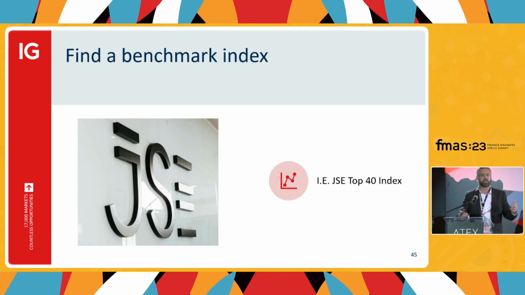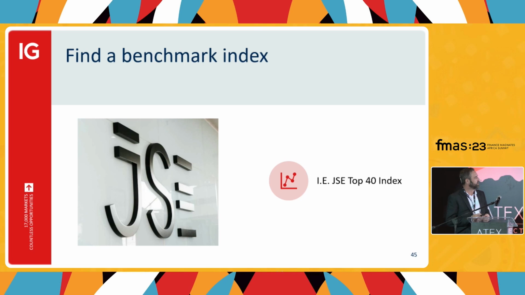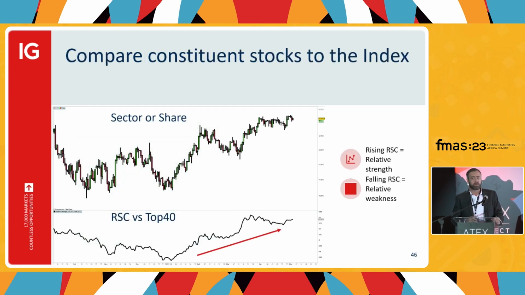First, you're going to need a benchmark index. If you're looking at South Africa, for example, you might want to use the JSE Top 40 Index as that benchmark for performance. Then you want to take securities, maybe sectors or shares, and compare them to that index.